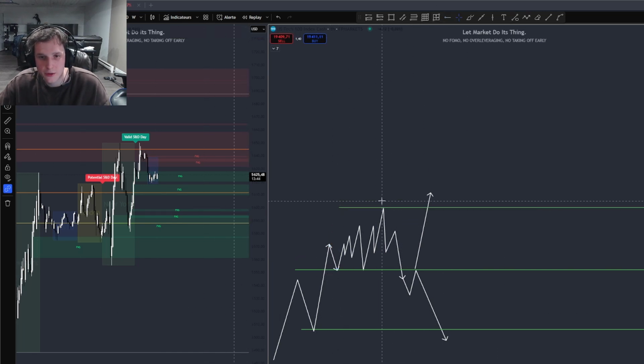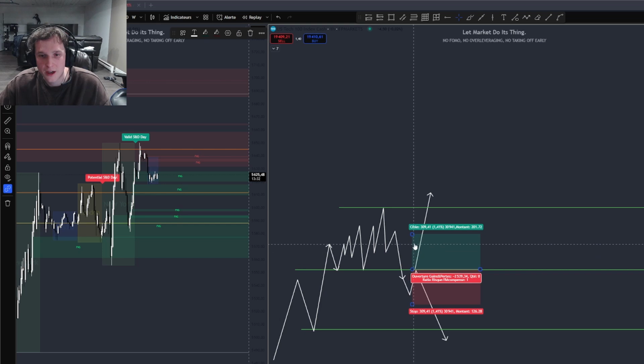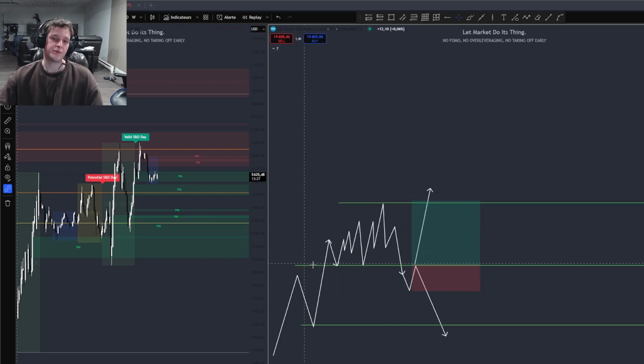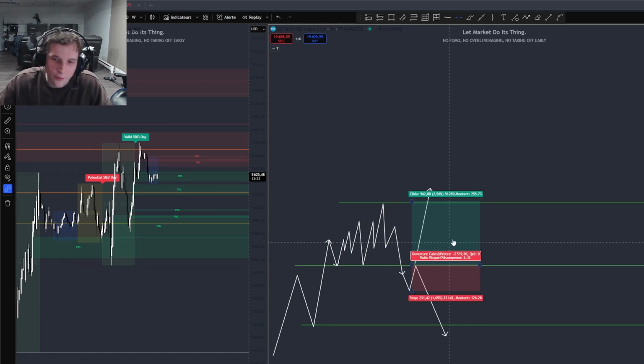So is it going here next or is it going here next? Well, what you want is to look for what's called displacement, which means you don't just take a long off of here and say, all right, stop here, easy peasy, took the equal lows and we're going in. That's not really what you want.